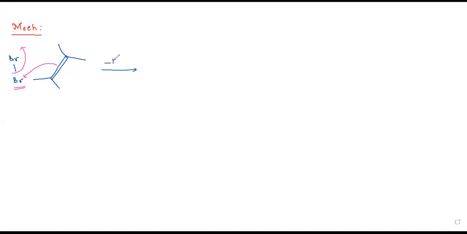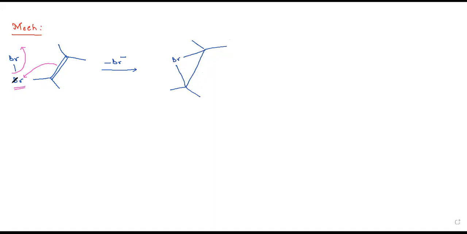So when this Br minus is lost, now the bromine, Br plus, gets attached to the alkene across the multiple bond to give an interesting thing. Look at this. Bromine.